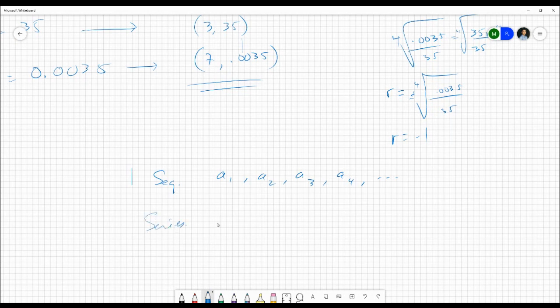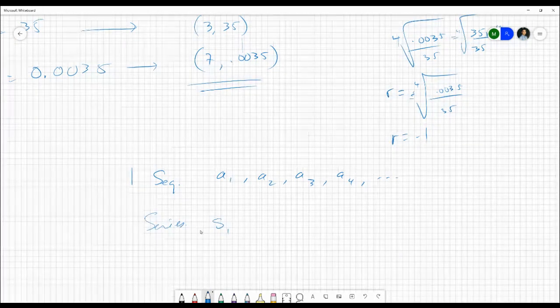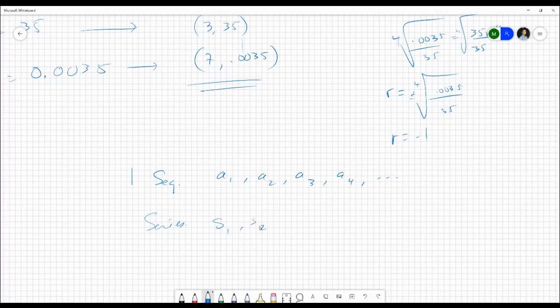A series is basically S1, S2, S3, but notice that each one of these is itself a sum of finitely many values. So a series is actually a sequence composed of the sums of these terms, right? Because S1 is basically A1, S2 is A1 plus A2, S3 is A1 plus A2 plus A3, and so forth.